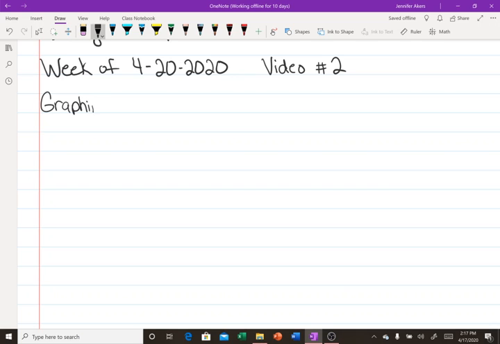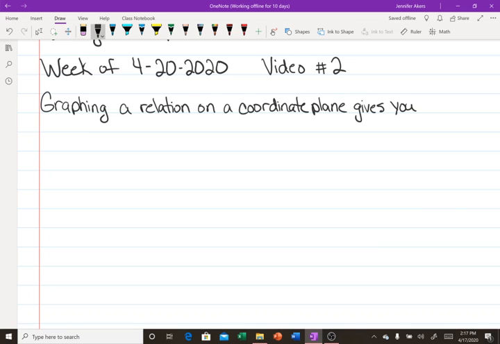Graphing a relation on a coordinate plane gives you a visual way to tell whether the relation is a function.